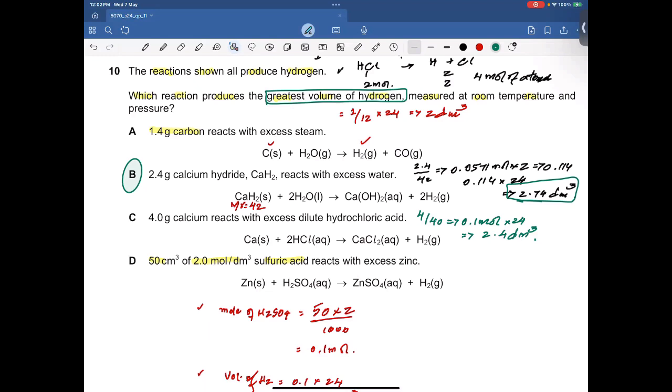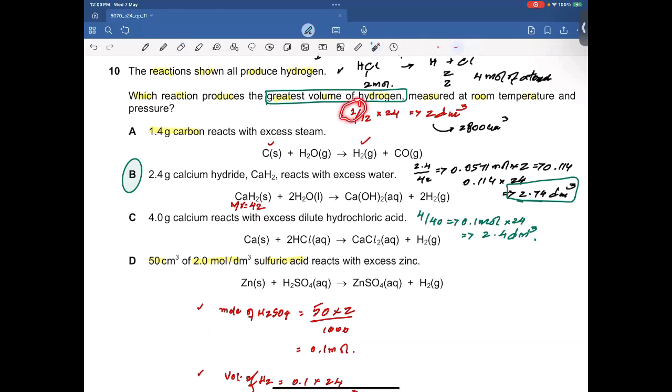Oh my goodness, 1.4 divided by 12 is going to be this much, divided by 24,000, so 2800. सही है. Hold on, इसका आंसर आ रहा है in terms of cm cube is 2800 cm cube. Oh my goodness, my bad.